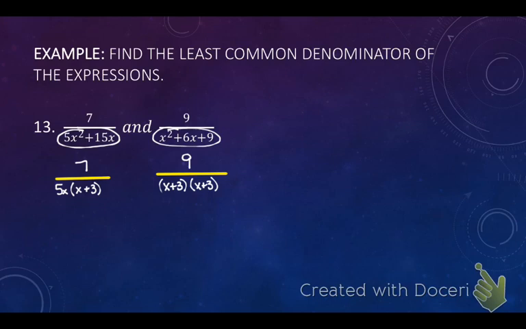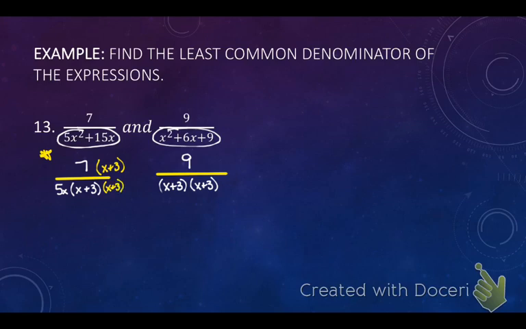On the one on the left, I have 5x times x plus 3. On the one on the right, I have x plus 3 and x plus 3. What does the one on the left need that the one on the right has? Another what? Another x plus 3. So whatever I do to the top, I'm going to do the same thing to the bottom.